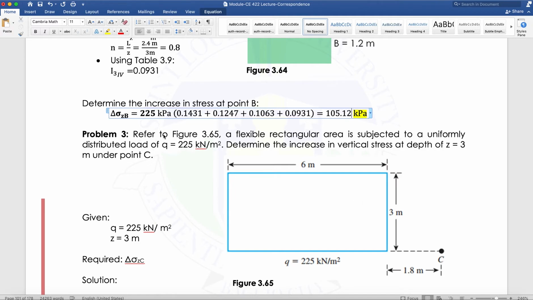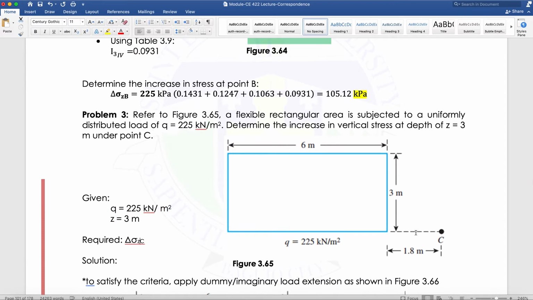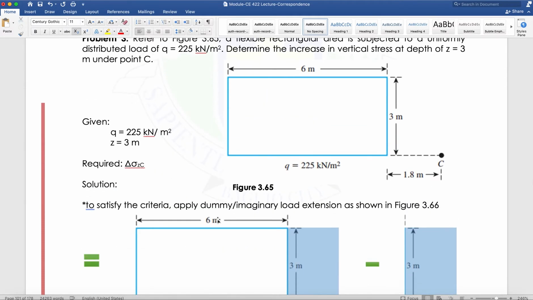Okay? So, referring to figure 3.65, a flexible rectangular area is subjected to a uniformly distributed load of 225 kPa. Determine the increase in vertical stress at depth of Z, which is equivalent to 3 meters, under point C. So these are the given Q, we have Z, and we need to determine delta sigma Z at point C. So, yeah.